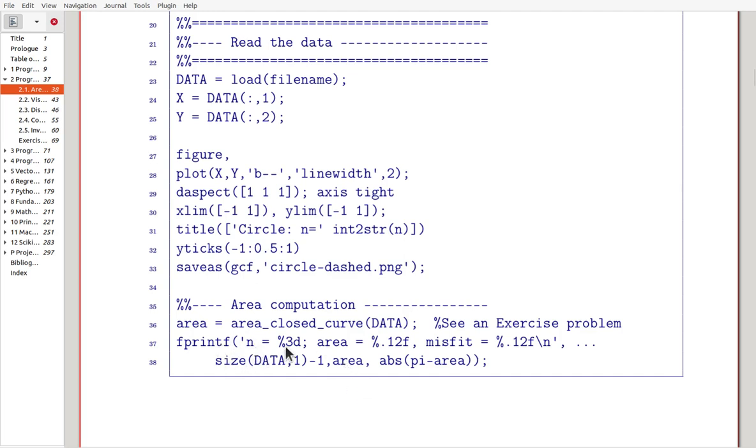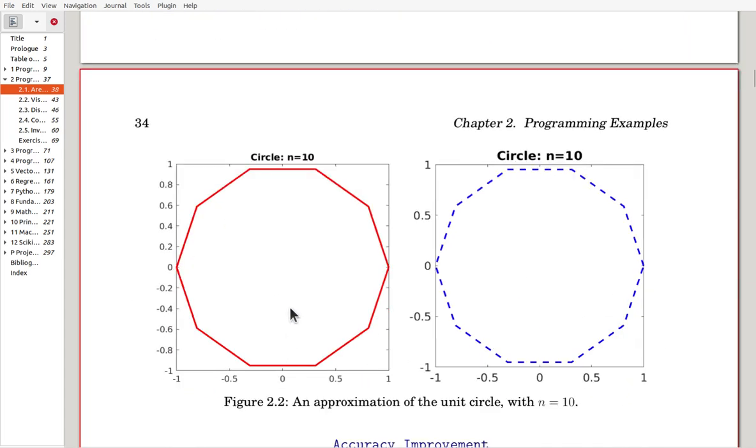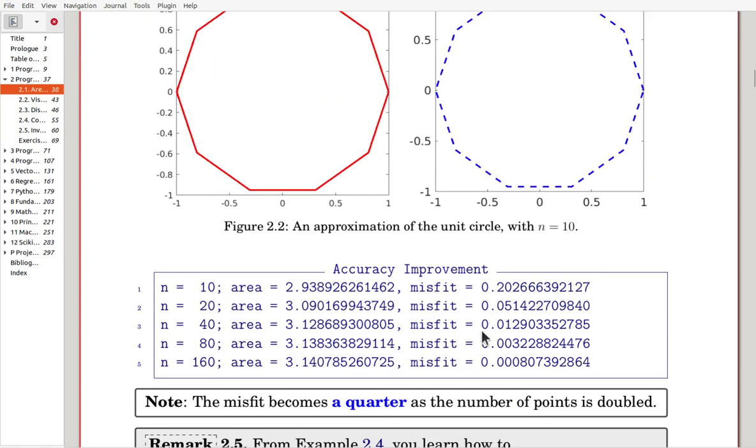The area is printed out along with the number of points n. Here is the curve with n equal 10, representing the approximating circle of radius 1, and the data is saved in red, and then here I make the shape. Of course, the two must be the same. Now here we have the output when we are choosing n as 10, 20, 40, 80, 160.